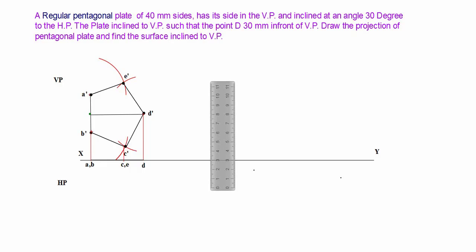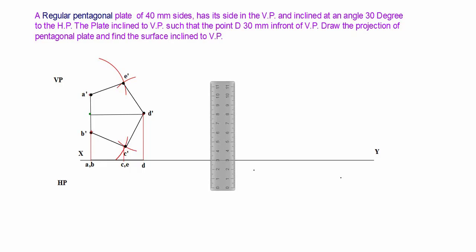Now friends, the second stage of the problem says the plate is inclined to VP such that the point D is 30 mm in front of VP. So for that, what we do?